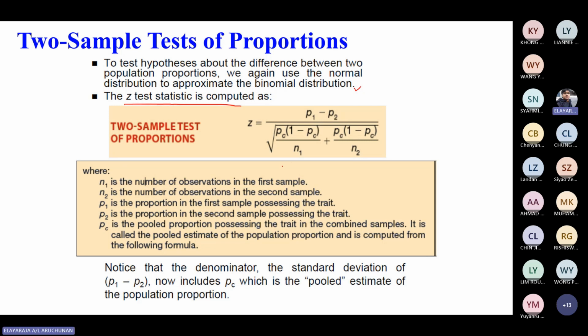Now the population proportions are combined, and it already estimates n1 and n2. Usually they use a different formula, like n minus 1, so it includes the full standard deviation for the combination.